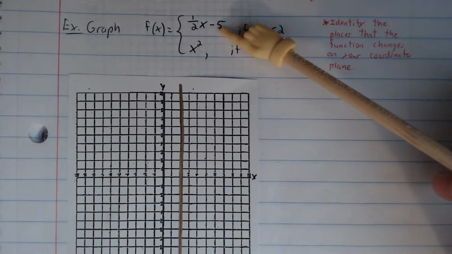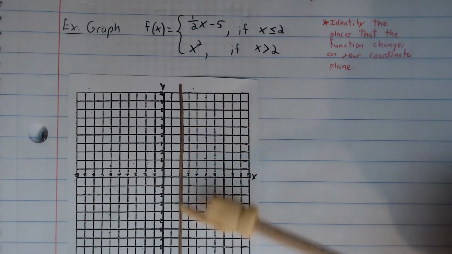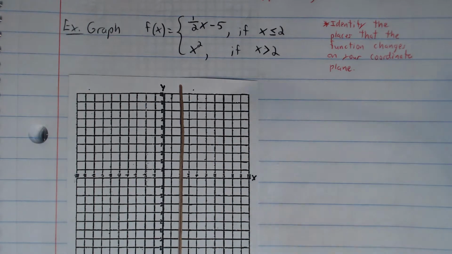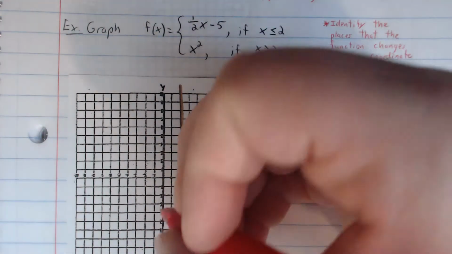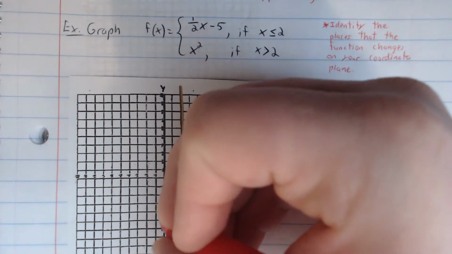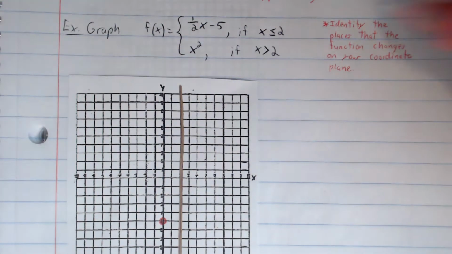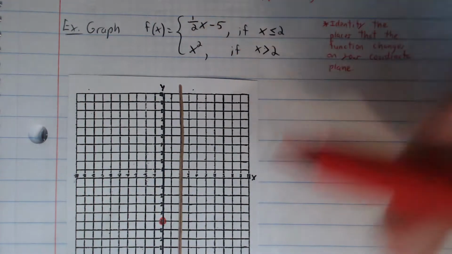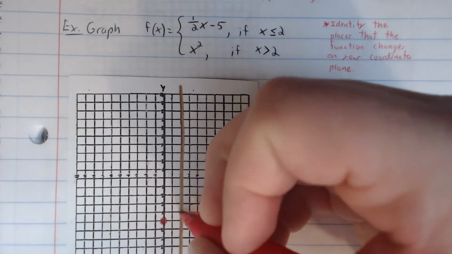So I need to graph this real quick first, and then I'm going to erase everything off of this side. Well, this is an easy one to graph, right? We start at our y-intercept of -5, so we're down here. 1, 2, 3, 4, 5. And it gives us a slope of up 1 over 2.